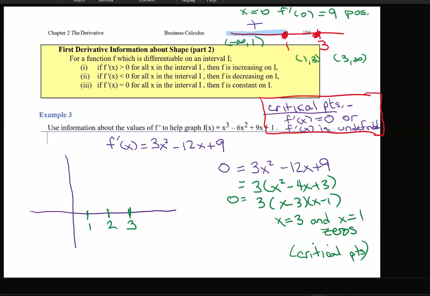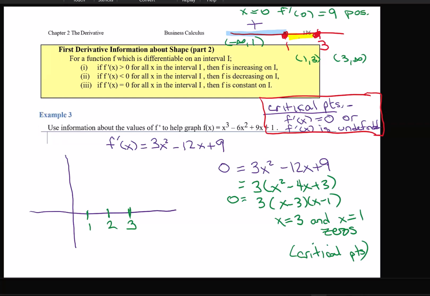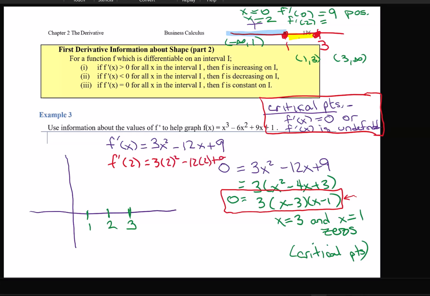Between 1 and 3, I can put in 2. When x equals 2, we plug 2 into the derivative, so f prime of 2 is equal to 3 times 2 squared minus 12 times 2 plus 9, which is equal to 4 times 3, which is 12, minus 24 plus 9, which is equal to negative 3.